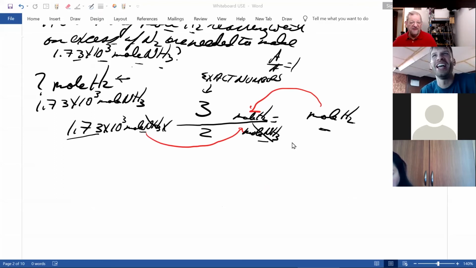And therefore, we come over here, and this would be 2.6 times 10 to the third moles of hydrogen. In this situation, do you multiply or divide? Both. This times this divided by 2.